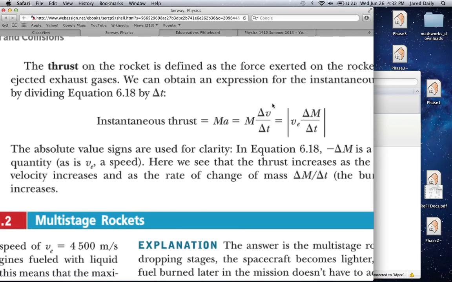Its acceleration is equal to delta V over delta T, and delta V we can actually get from one of the previous equations. And we can make a little bit of an approximation here. We can get delta m over delta t for that times velocity of the exhaust, and get this instantaneous thrust equation.